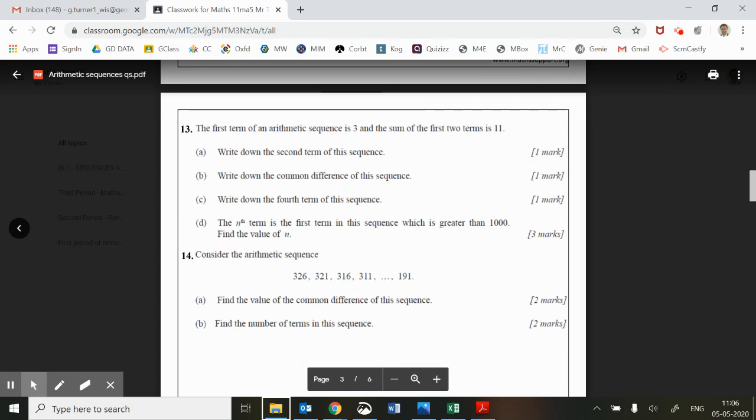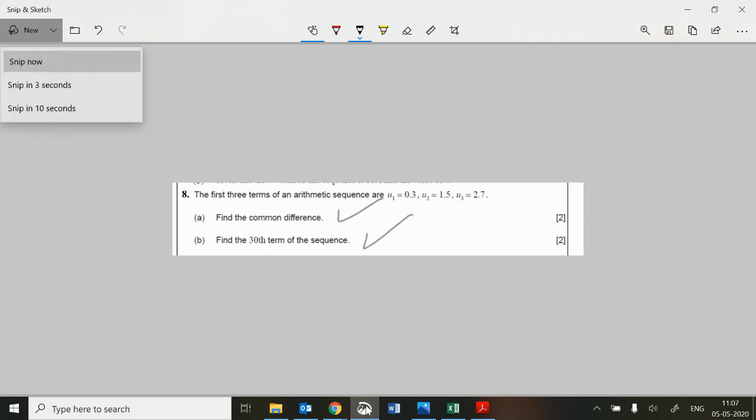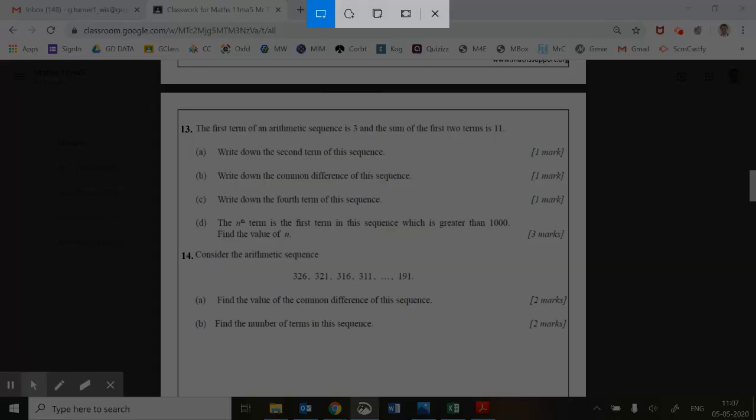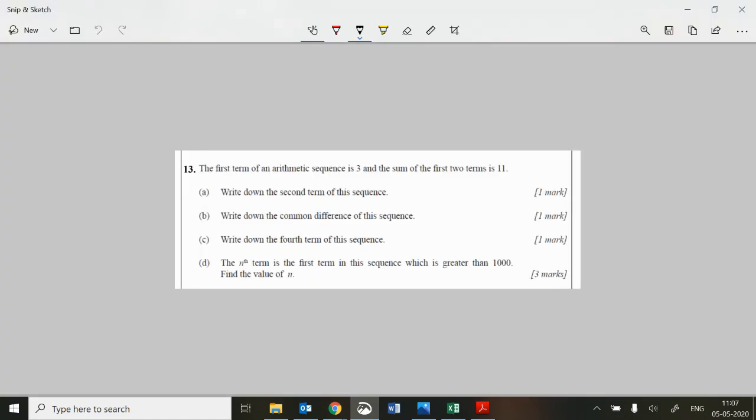Question 13, find the arithmetic sequence. First term of the arithmetic sequence is 3. The sum of the first two terms is 11. That's interesting. Okay, so you can set up here your first term is 3.